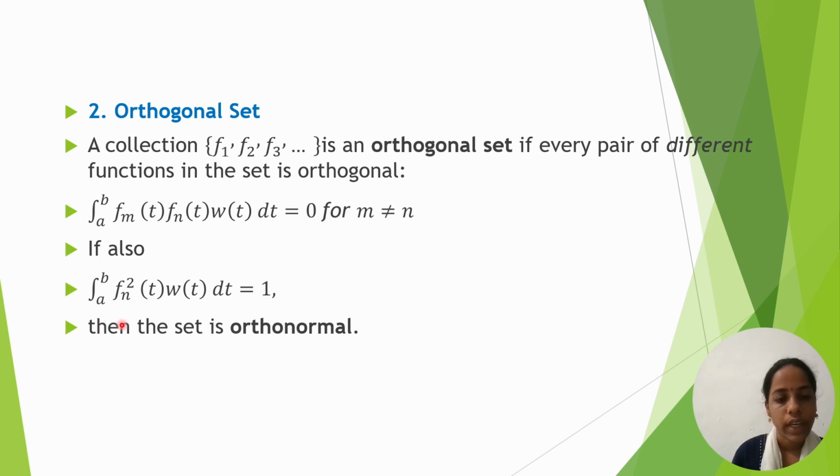Also, if the integral from a to b of fn square of t, w of t dt equals 1, then the set is orthonormal. This is the orthogonal set, and this is the orthonormal set.